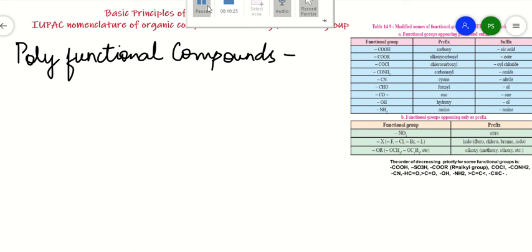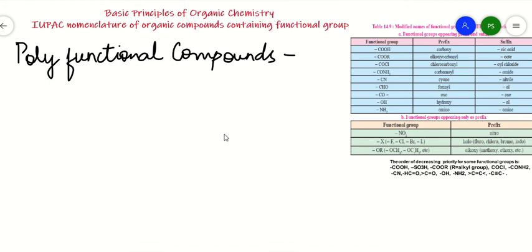Now children, how do we select which one is the principal and which one would be treated as substituent? If you see carefully, children, this is the series.